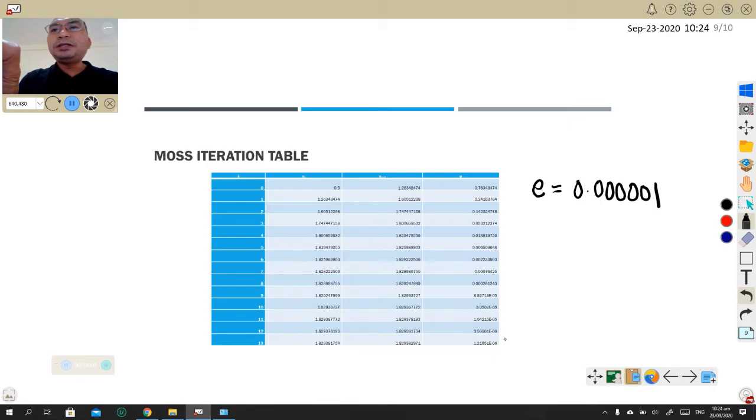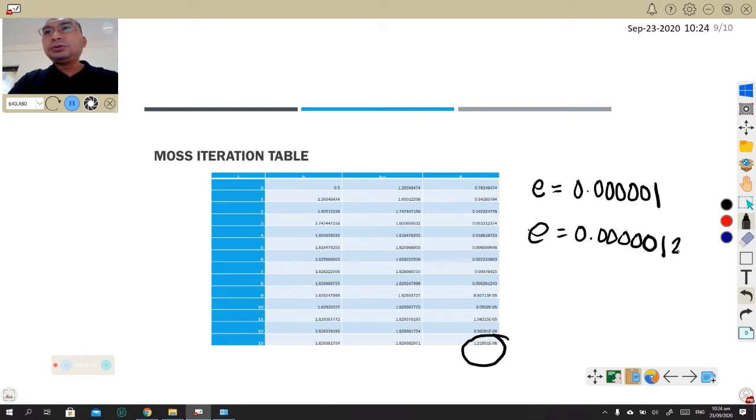We only stop when the error is less than that. Actually, this is still missing because we have not achieved the required error yet.